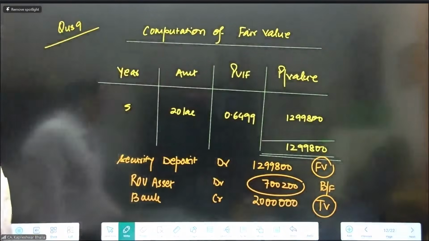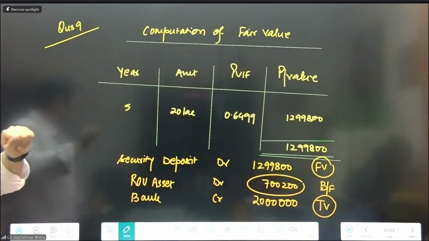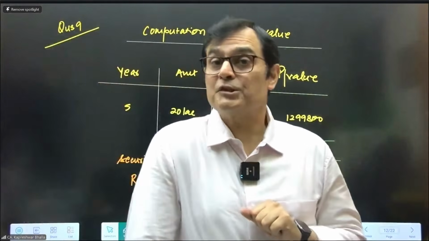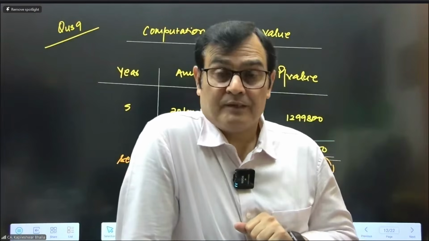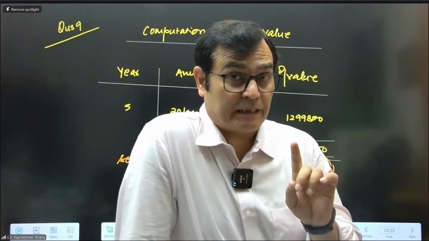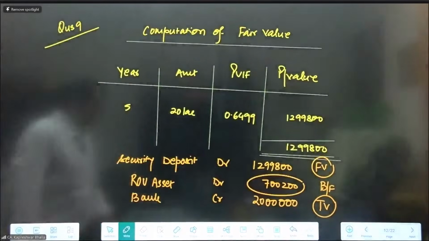Let me put that question back to you once again. Is this security deposit to be accounted like the debt investments at amortized cost? Is the same accounting going to be applicable? That's right.